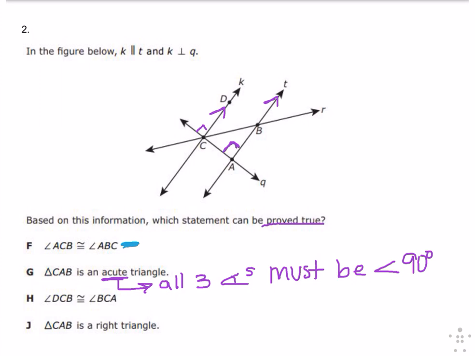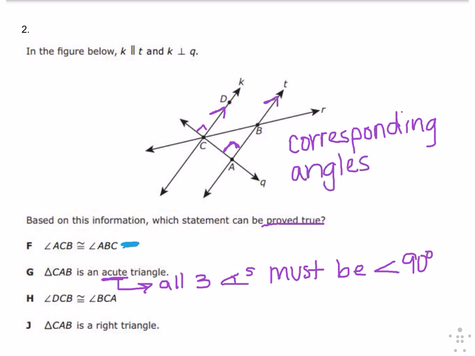Angle CAB is 90 degrees, and we know that because those are corresponding angles, which basically just means that they're in the same location. And because they're in the same location, that means that they're congruent. So they're both going to be 90 degrees.